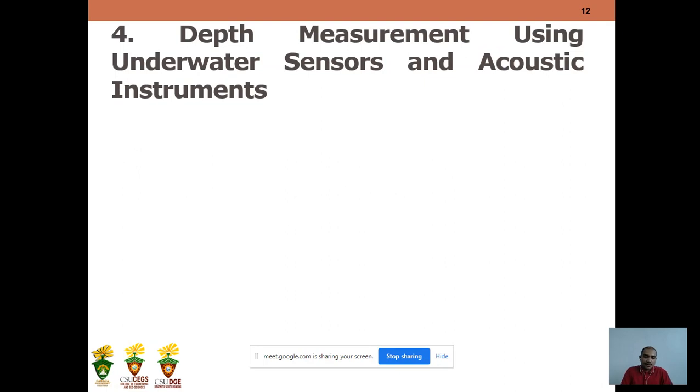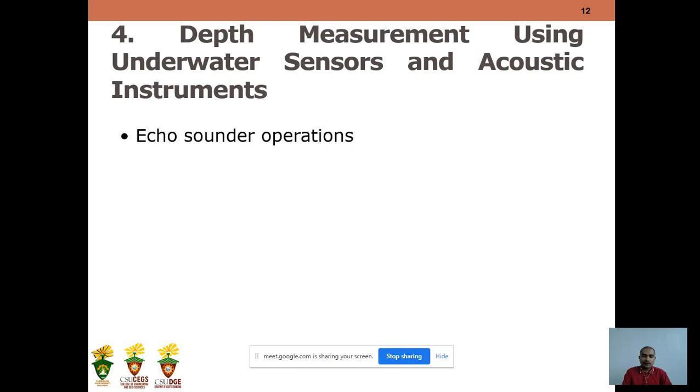Next is the topic 4, which is all about the depth measurement using underwater sensors and acoustic instruments rather. So in this part, we will be going to discuss all about the echo sounder operations. Echo sounder is an instrument that is used to measure the depth of the specific water bodies using the sound waves.